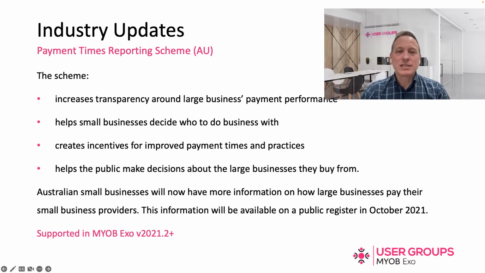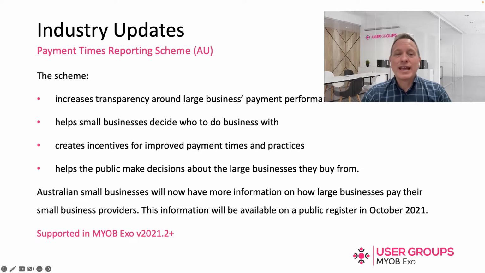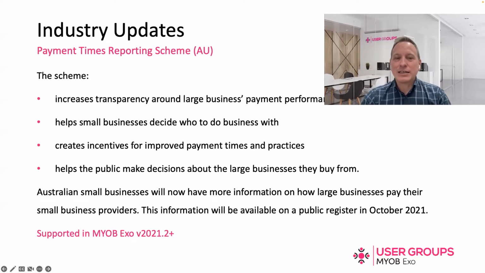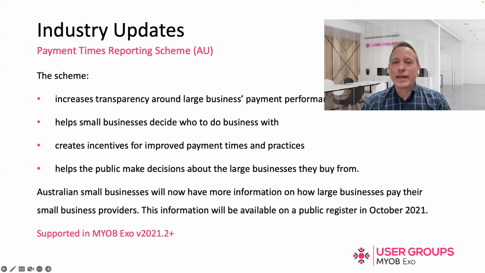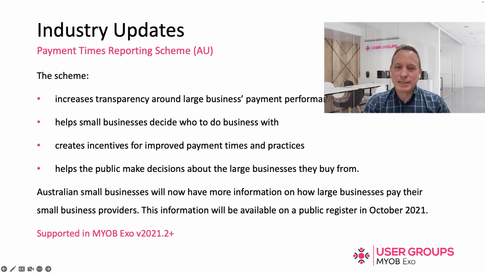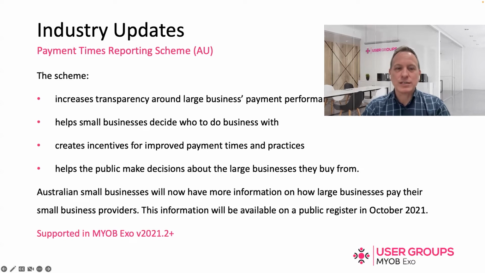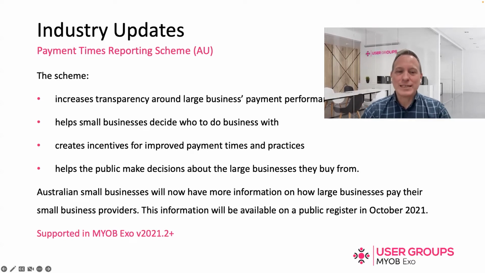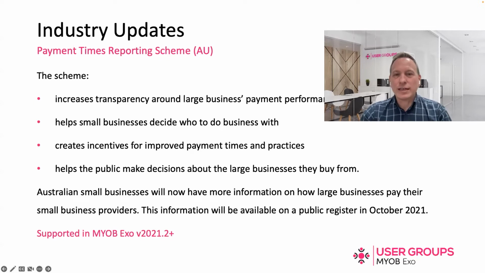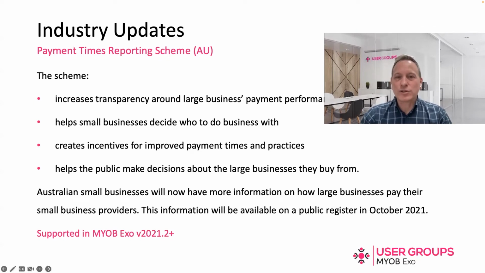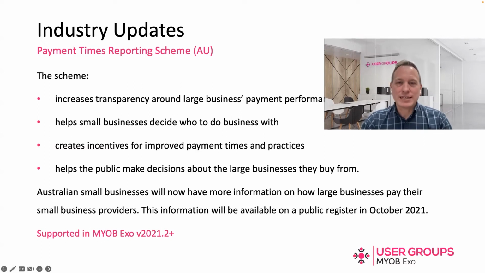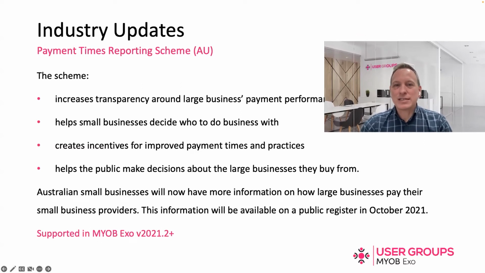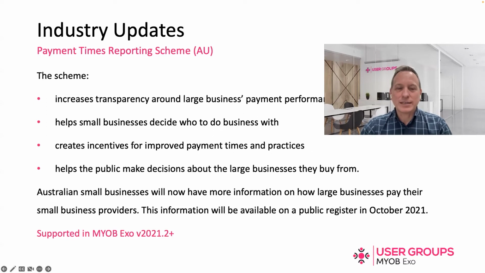It helps small businesses decide who to do business with and helps the public be more aware of the impact that larger organizations have across the industry. Payment times reporting is supported in Exo on any version above 2021.2. So if you have a large turnover and are subject to PTRS, just be aware of that update and support.